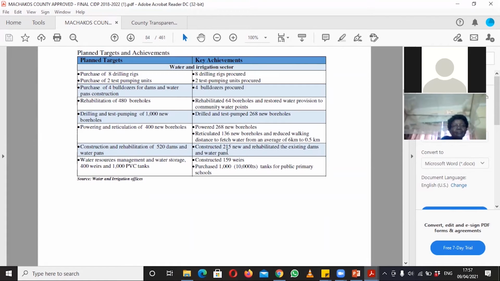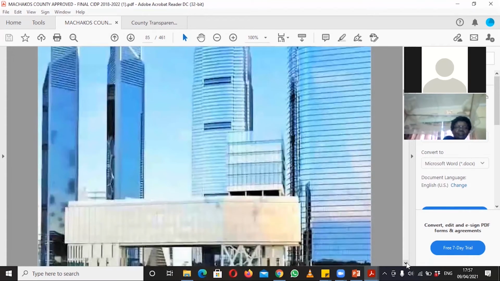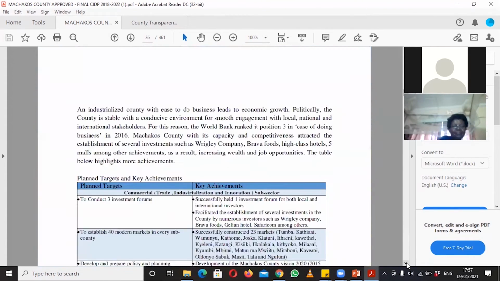So mine was among the ones that were missing because politics came into play. But it was later constructed in 2018 when the member of county assembly followed up on it. So we have done with the water sector.